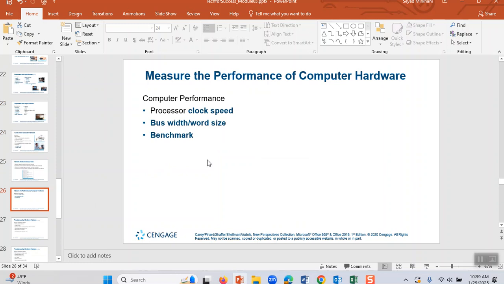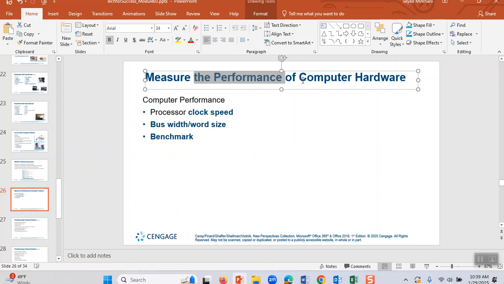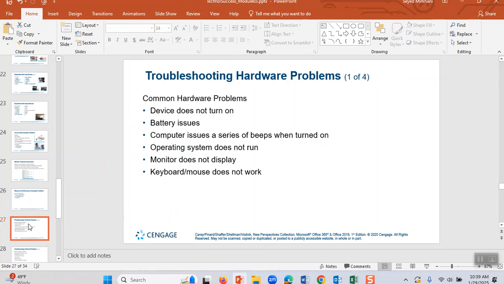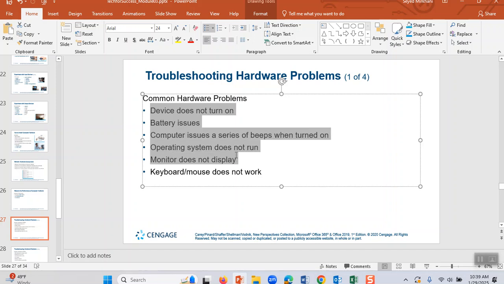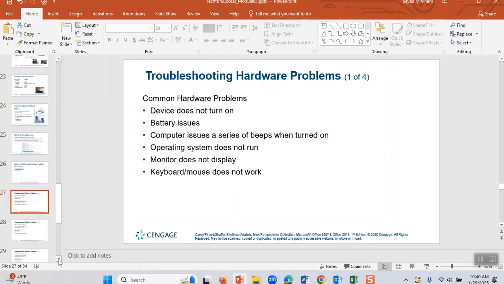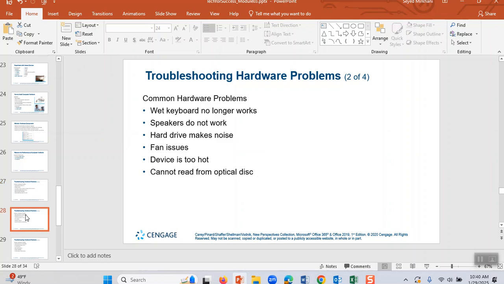And then you will have how your computer is performing, and all these issues, and how to troubleshoot your computer. And you might run into any of these issues, and therefore you have to know what to do to make sure your computer runs effectively.